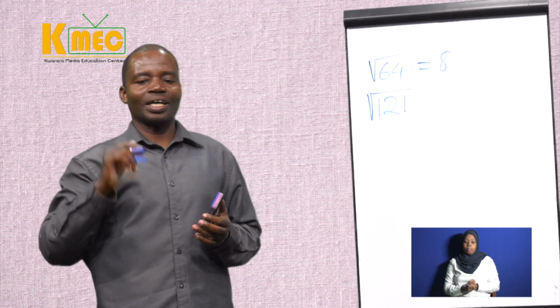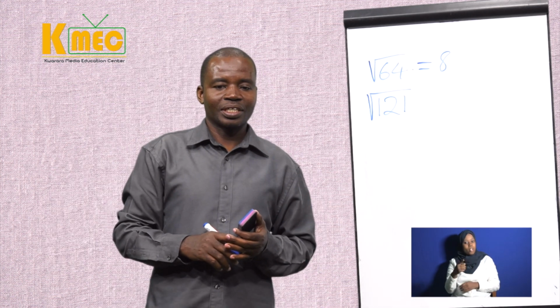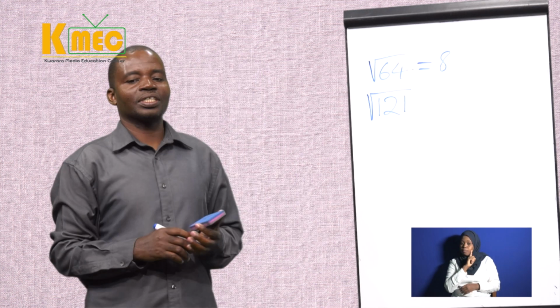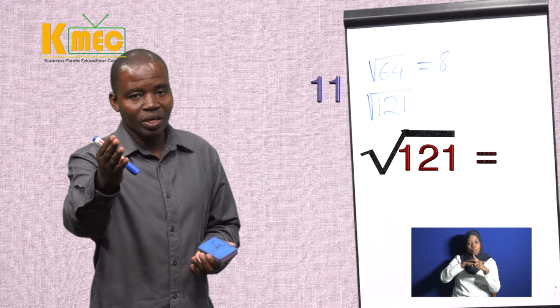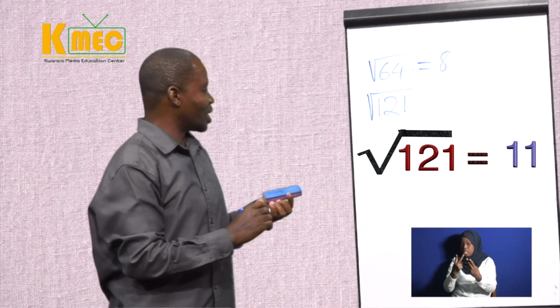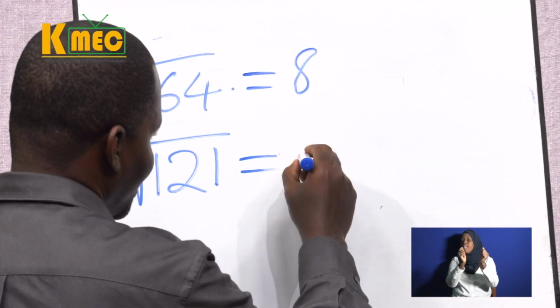What is your answer? Very good. The square root of 121 is equal to 11.